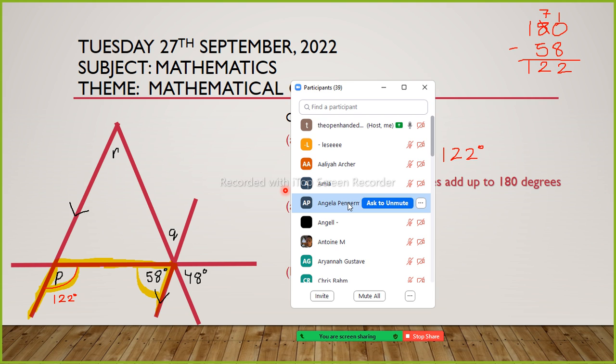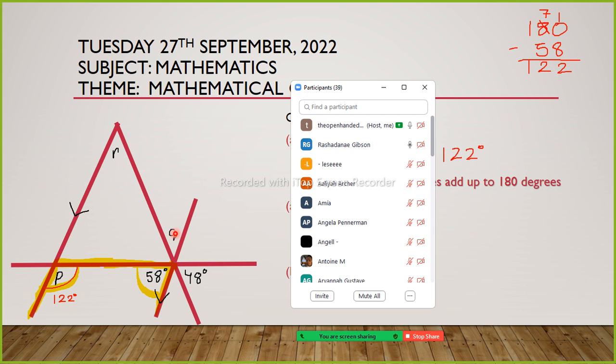It's not incredibly easy, but it's just two steps. Any ideas for angle Q? We're trying to get angle Q here.